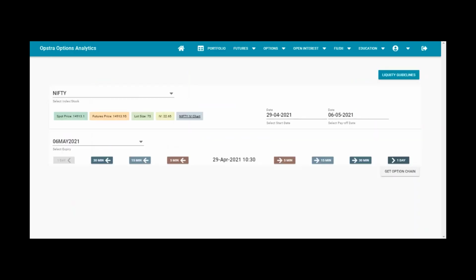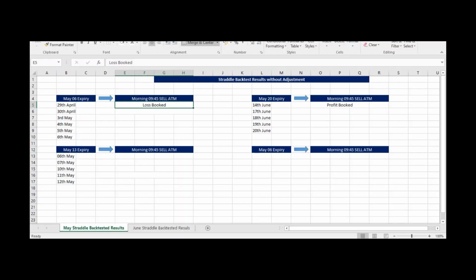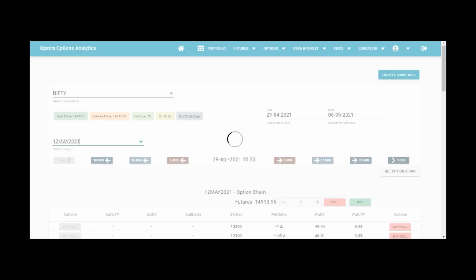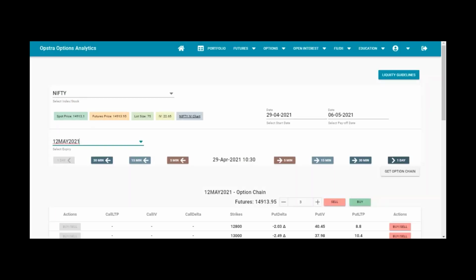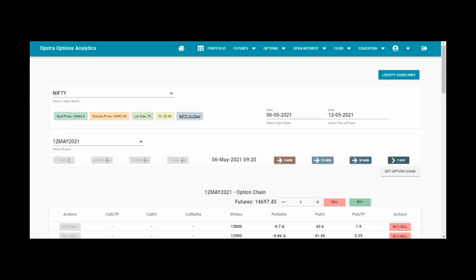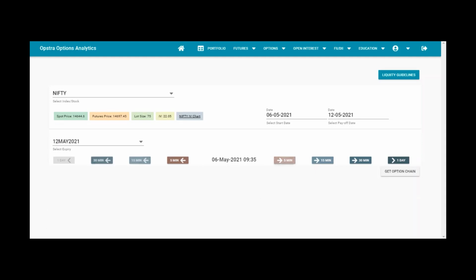Now let's go to the next expiry. The 13th is a holiday, I think, so it is the 12th expiry. We are doing it for the 12th expiry, and we need to implement the straddle setup on the Thursday. The time should be 9:45.